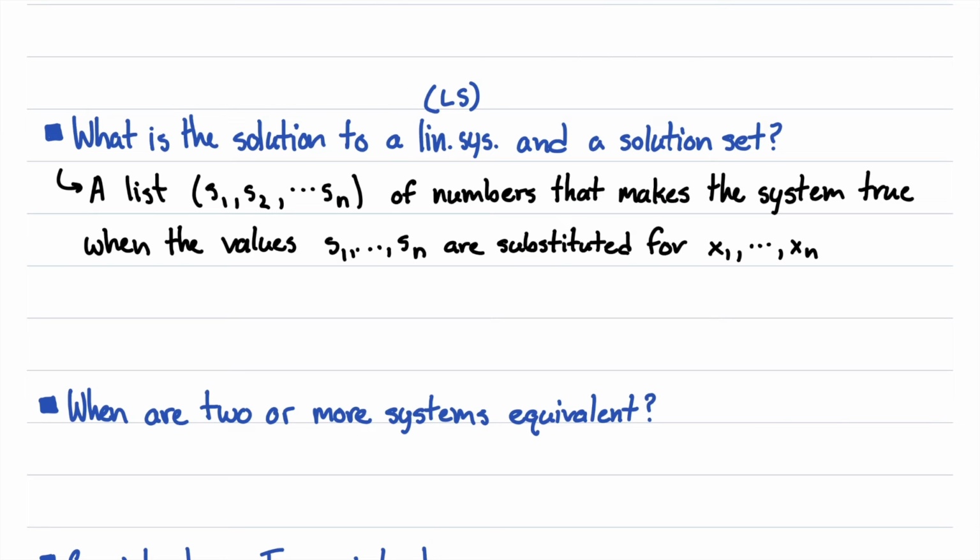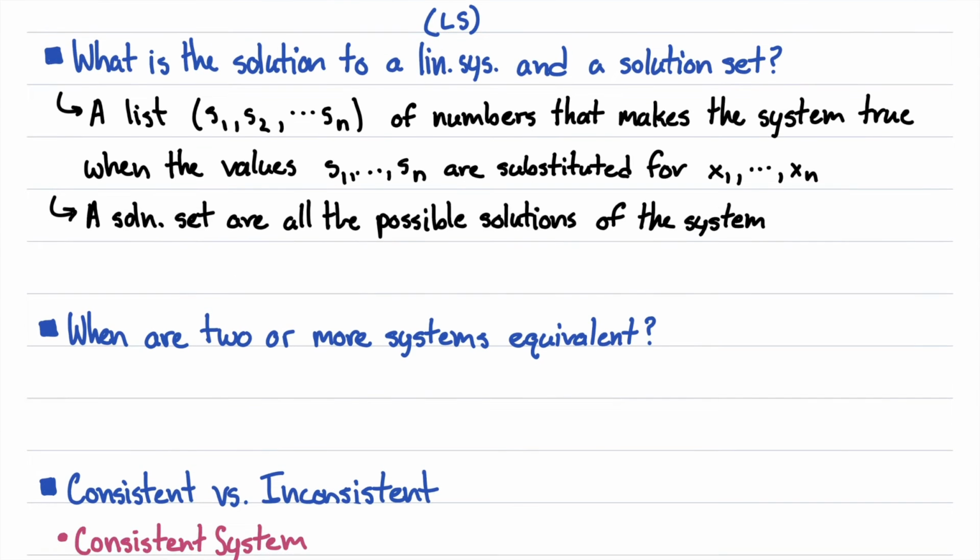So we're substituting in s1 for x1 and sn for xn. And a solution set is all the possible solutions of the system. So going back to the examples we just looked over, the solution set of the first system was x1 equals 9 and x2 equals 4.